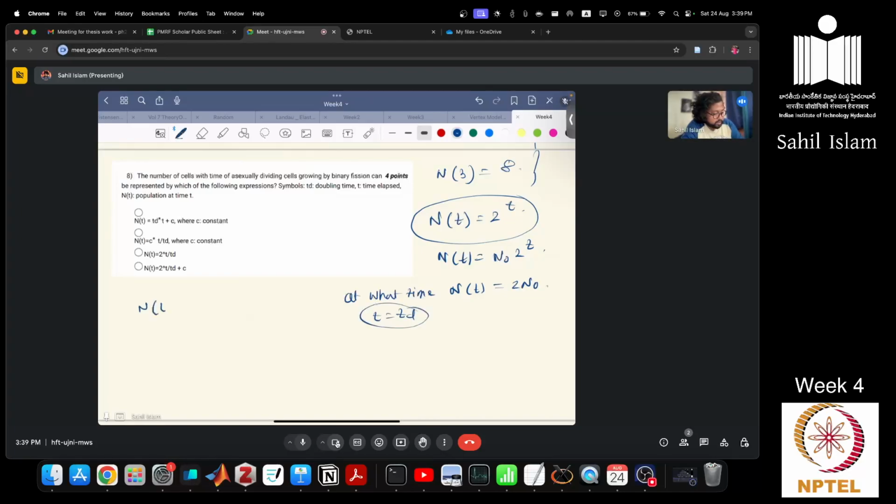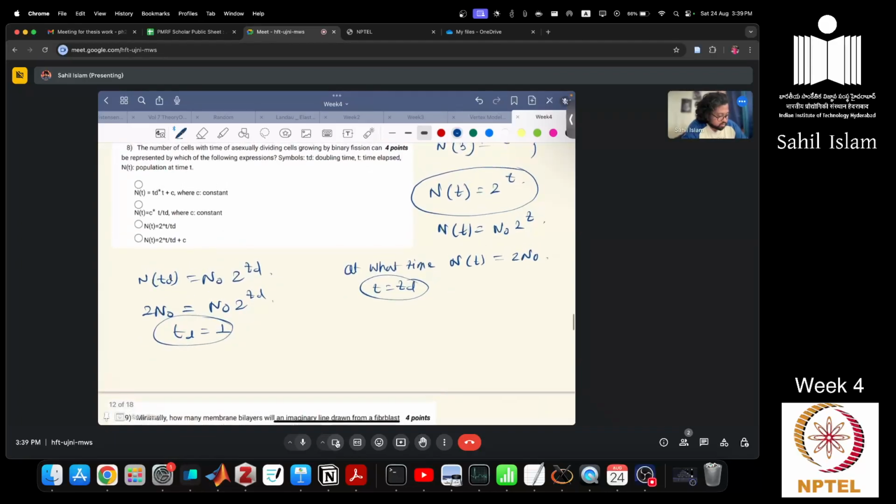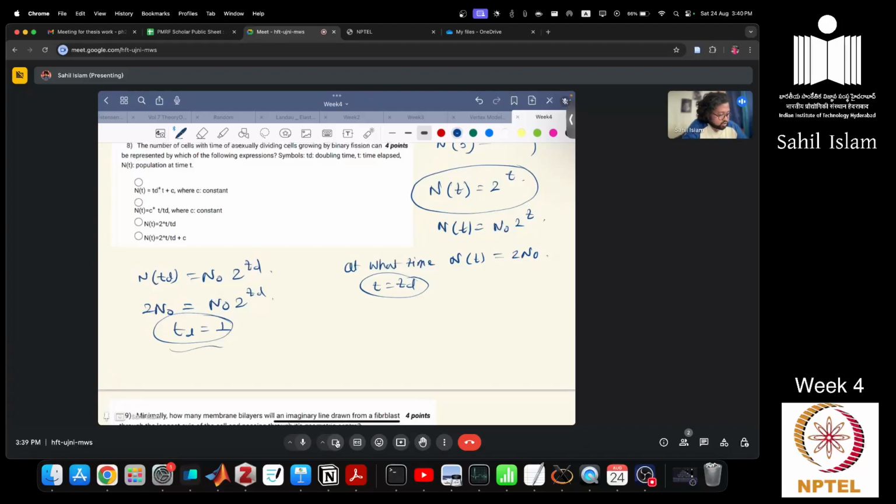If you put it in, n(td) equals n0 2 to the power td, so 2n0 gives td equals 1 in this case. It is already assumed that td equals 1. If you have a finite value of td, it will become 2 to the power t by td. So no n0. This is the answer.